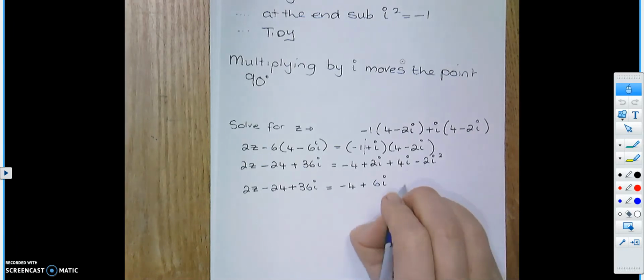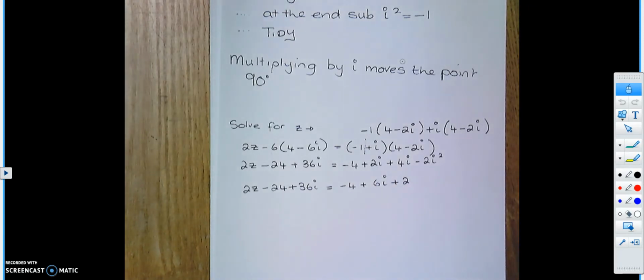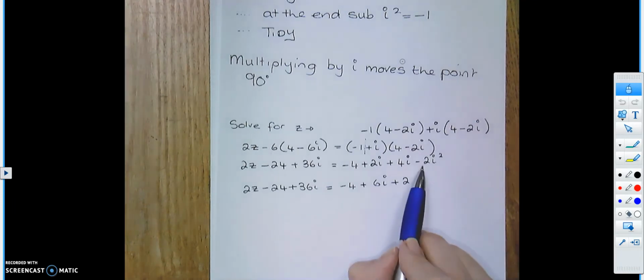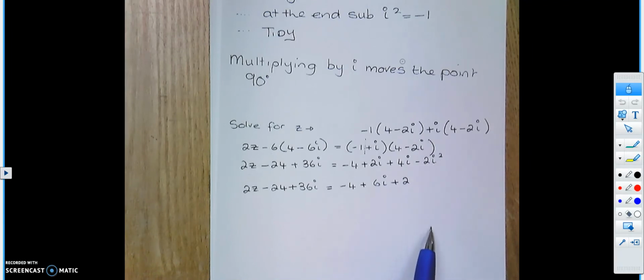So -1 by -2 will give me a plus 2. All right, so in other words, what I'm doing is I'm writing down the coefficient in front of the i squared, which in this case is -2, but just changing its sign. So -2 became plus 2, and I don't write down the i squared anymore.